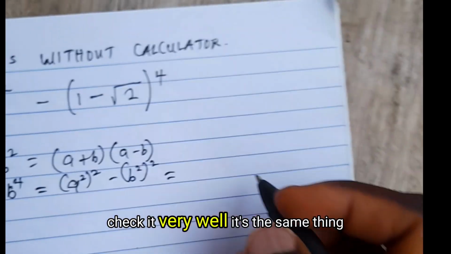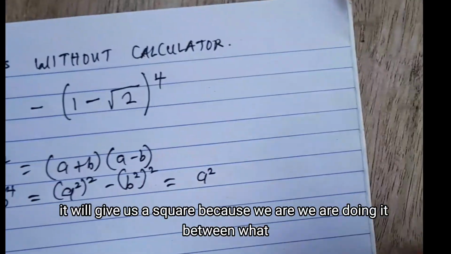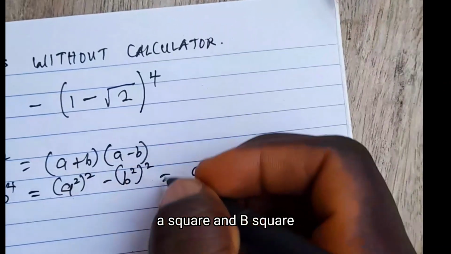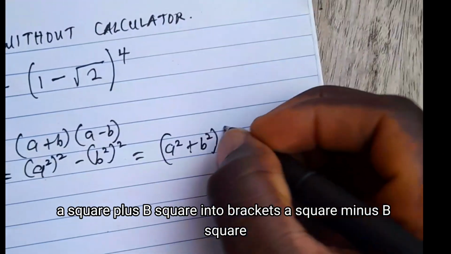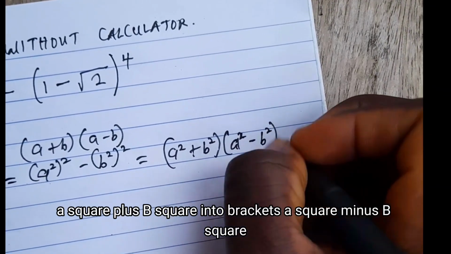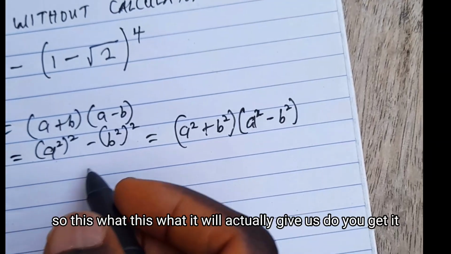Check it very well, it's the same thing. So this will give us, instead of a and b, a^2 and b^2, because we are working between a square and b square: (a^2 + b^2)(a^2 − b^2). This is what it will actually give us.